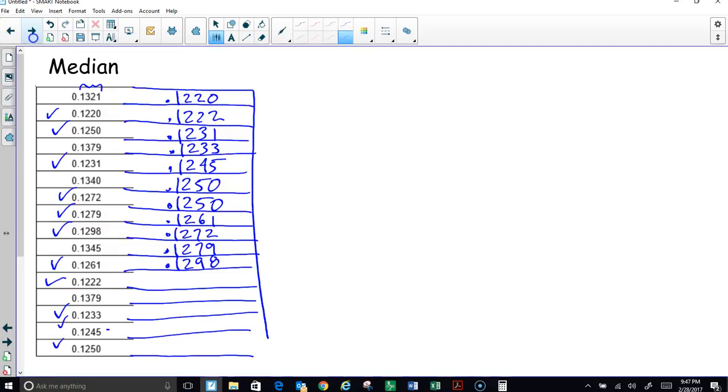And then I think I'm out of the 0.12s and I'm into the 0.13s. So let's see, I got a 0.1321, 79, 45, 79.